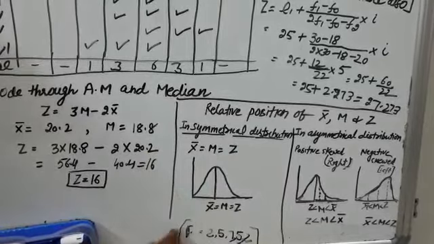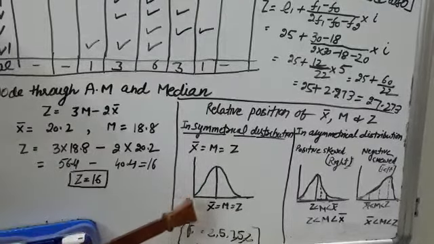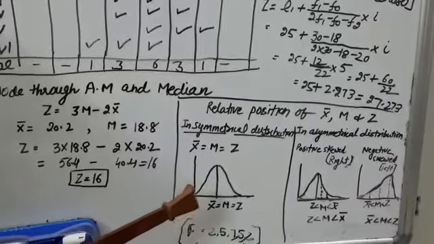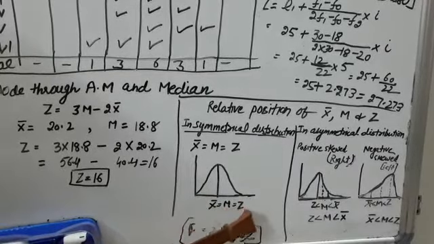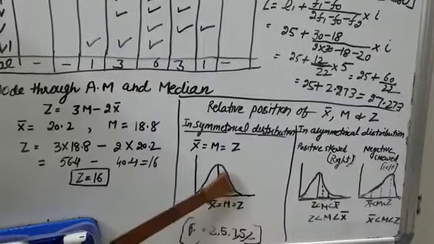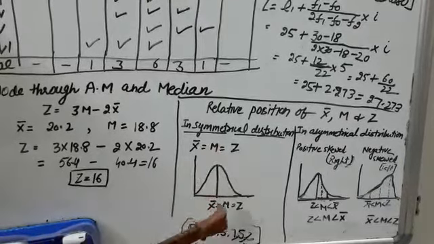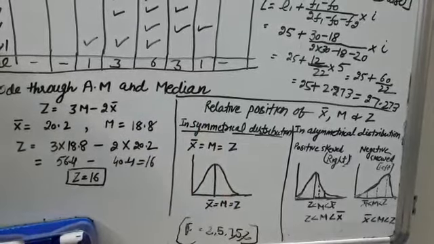Then if we plot these frequencies in a curve it shall be bell shaped, as is visible to you from the diagram. So in such a case, mean is equal to median is equal to mode. You know that mode is the value with the highest frequency.